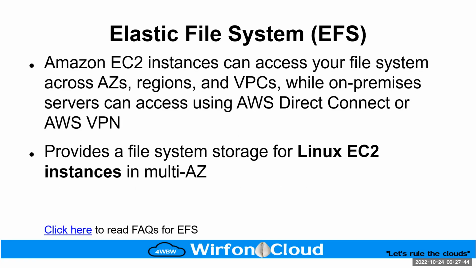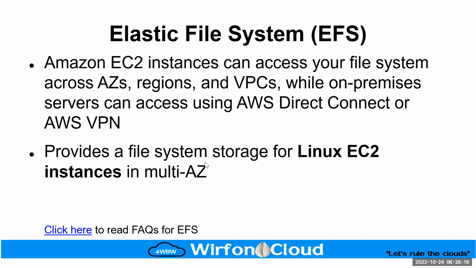With Elastic File System, Amazon EC2 instances can access your file system across availability zones, regions, and VPCs, while on-premises servers can access it using AWS Direct Connect or AWS VPN. These two services you're going to look at when you're covering networking, which will be presented by, I think, Gio.